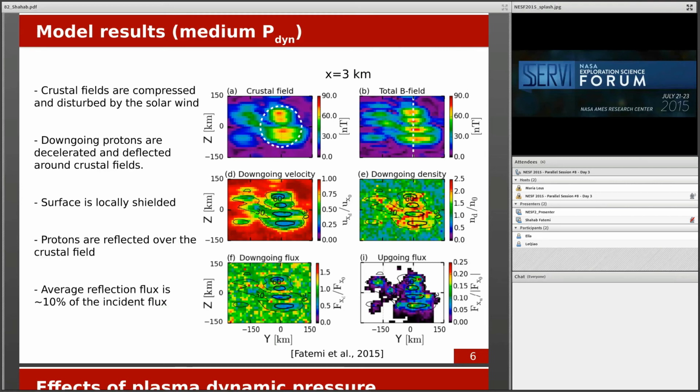consistent with the observations. And the results I'm going to show you in the next slide are obtained by averaging the fields over the white dashed circle I'm showing on the top left panel.